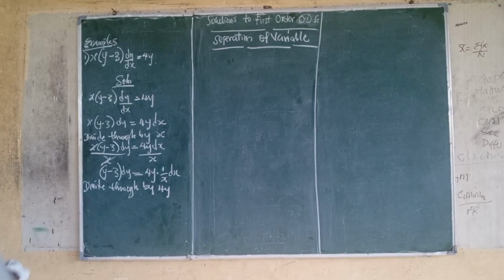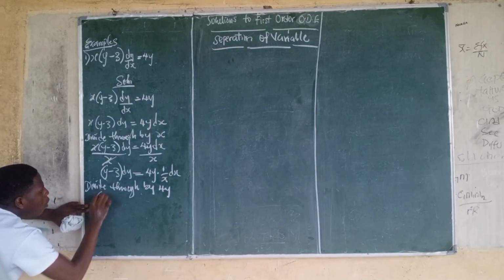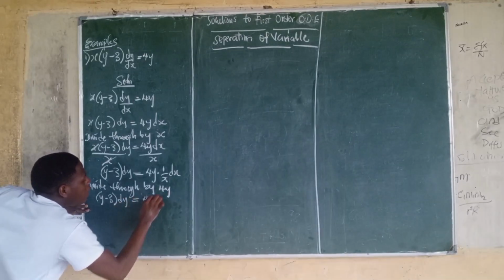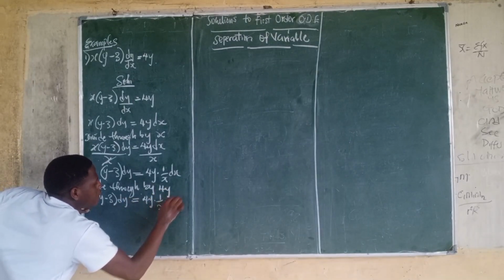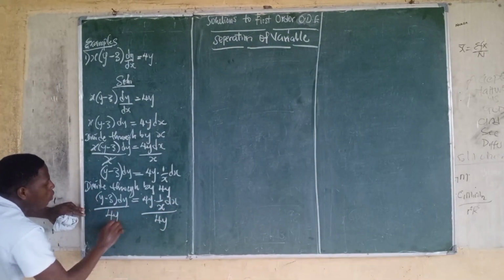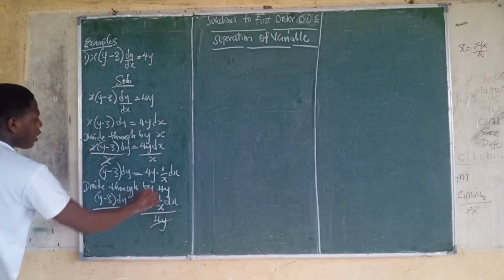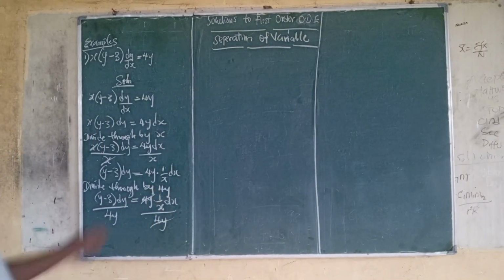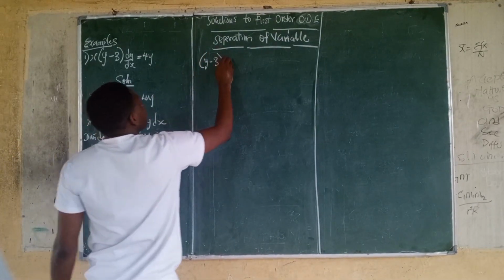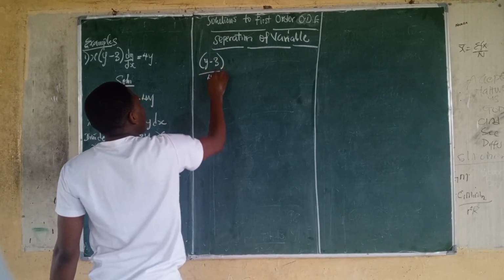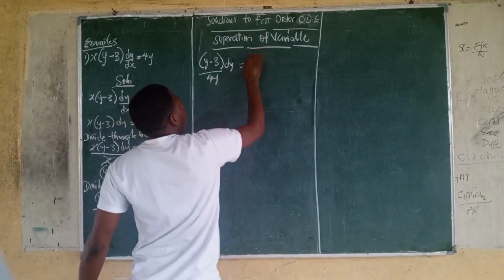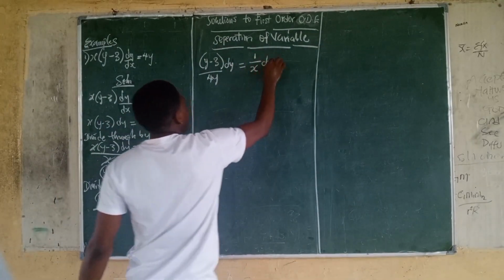Now if you divide through by 4y, you have (y - 3) dy = 4y times 1/x dx. We are dividing through by 4y, so removing 4y, we are left with (y - 3)/(4y) dy = 1/x dx.